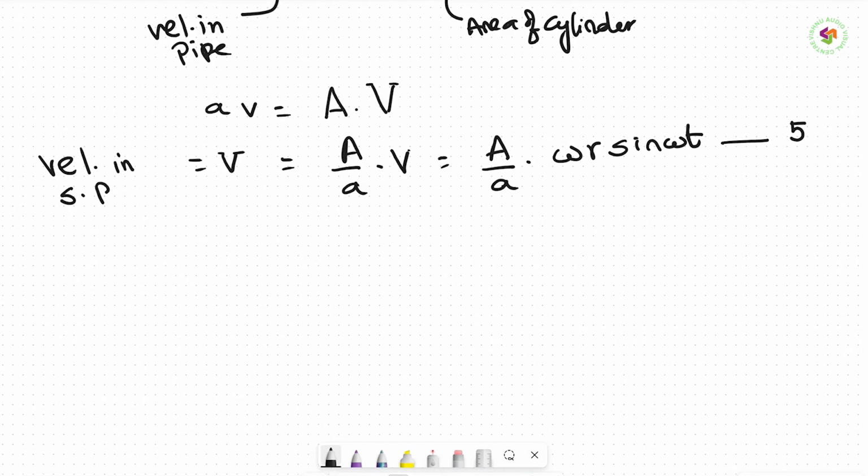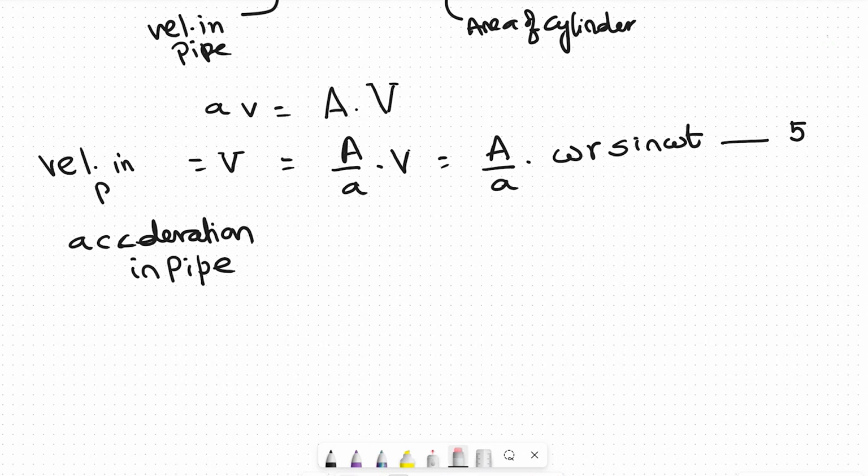So now pipe I got it. Once I got velocity, what is the acceleration in pipe? It may be suction pipe or it may be delivery pipe. You don't need to write suction. Directly velocity in pipe, both same basically, acceleration small a is equal to d small v by dt.